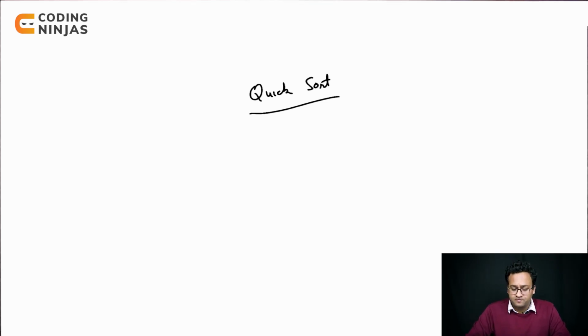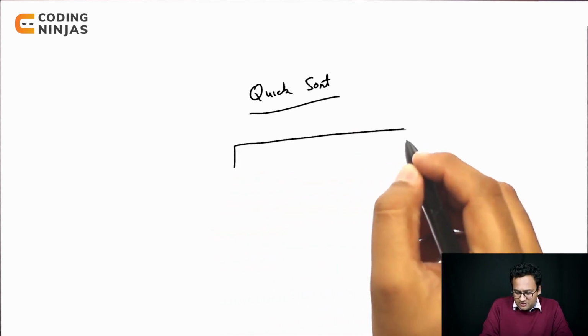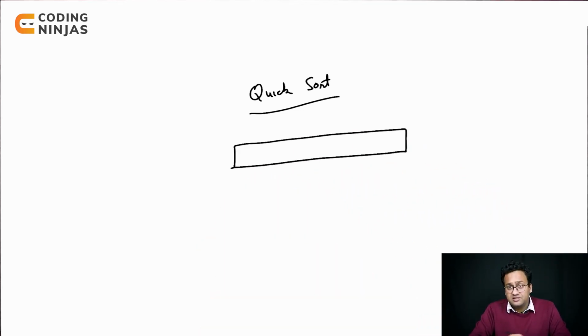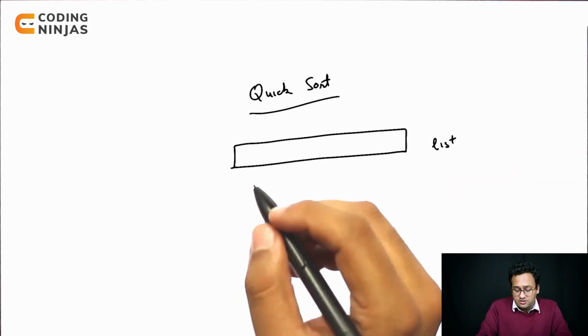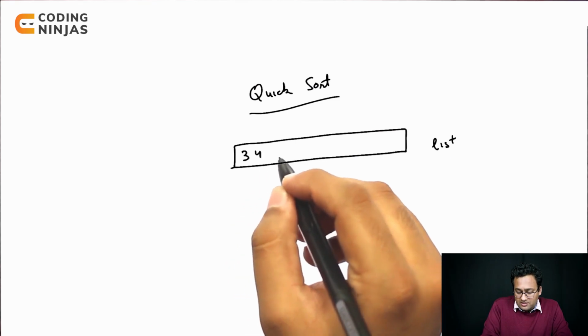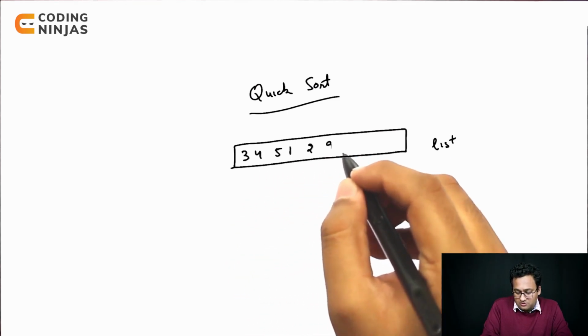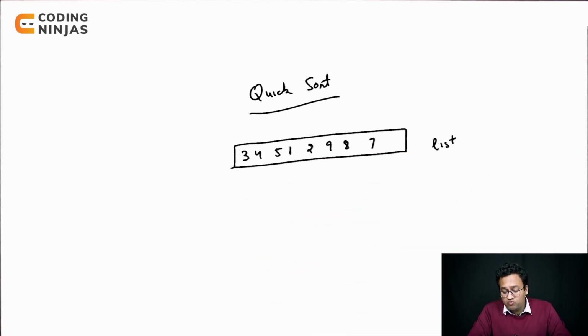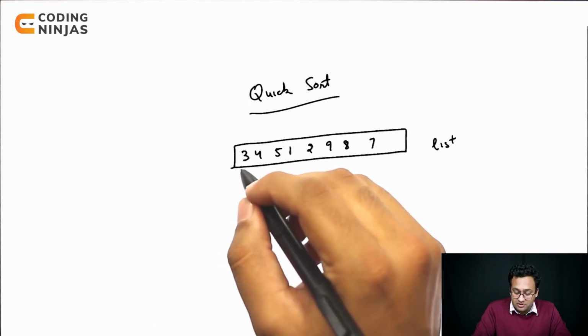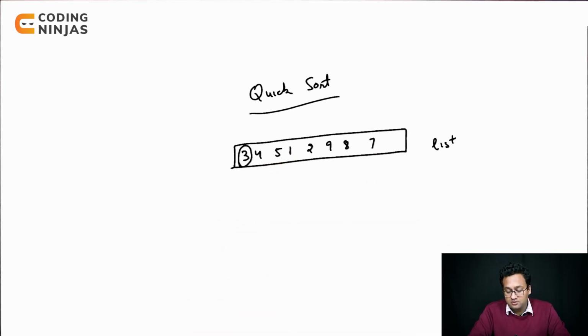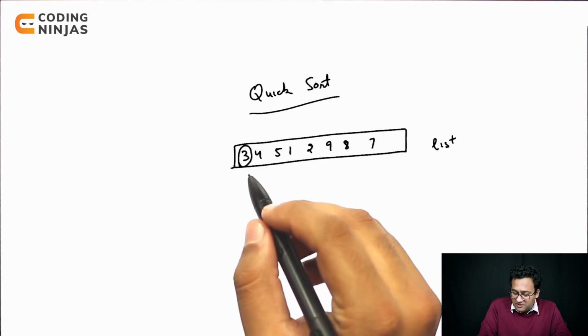So what is quicksort? Quicksort says, this is my list. Let's do one thing. Let's pick one element, one number, and make it reach its right place.